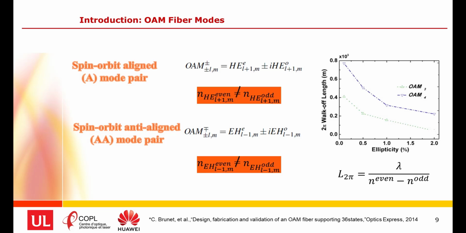But we know that nothing is as perfect as we'd like it to be, and so there may indeed be some differences in the effective index of these two eigenmodes. In fact, Professor Willner's group simulated several years ago elliptical deformation in a ring core fiber and showed that there is a variation in the walk-off length with the amount of ellipticity introduced into the fiber.